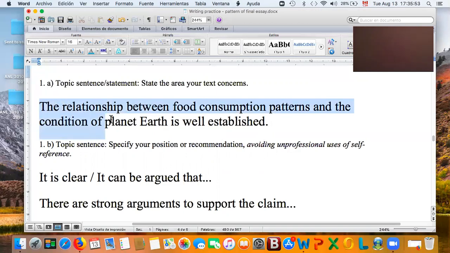So, topic sentence or statement starting with the area of the topic. Which topic area or content area is the text going to be in? What does it concern? So it starts with this very general statement that the relationship between food consumption patterns and the condition of planet Earth is well established.